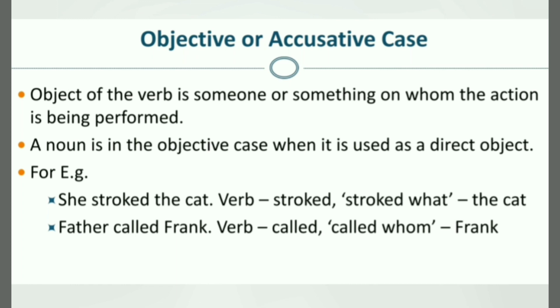For example, she stroked the cat. Here, verb is stroked. When we ask the question, stroked what? We get the answer, the cat. Hence, the cat becomes the object of the verb stroked.